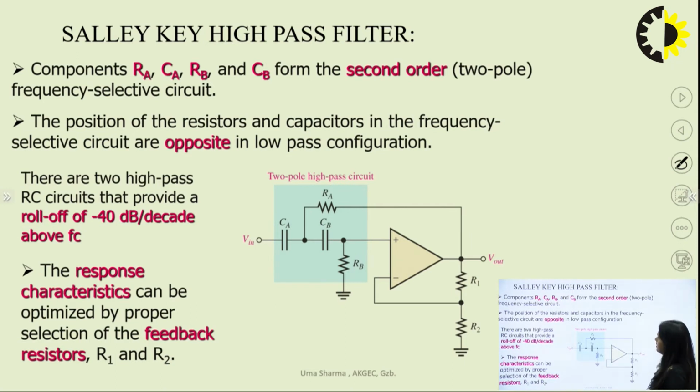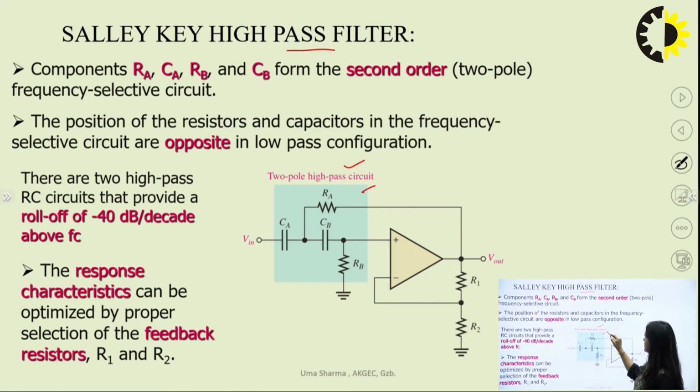Similarly, now let's see the designing of a high pass filter. In the same way, we can design a high pass filter where I have replaced RA/RB by CA/CB. I have replaced the position of the resistor and capacitor. Just by interchanging the position of resistor and capacitor, now you can see that the two-pole high pass circuit is designed.